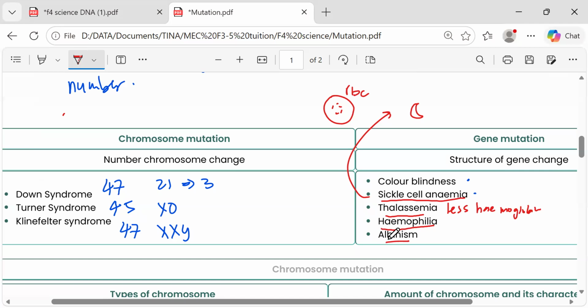Hemophilia is when you cannot stop bleeding. Color blindness is present from birth, passed from mother to son.